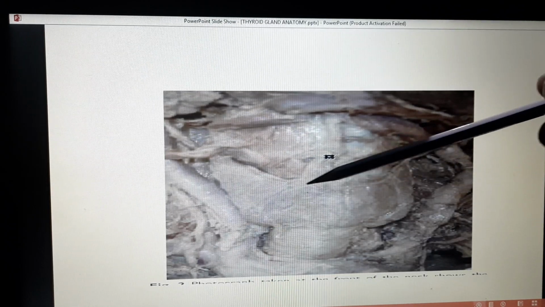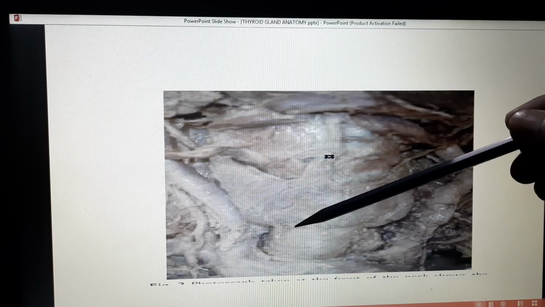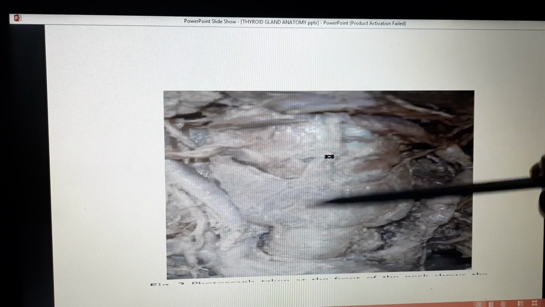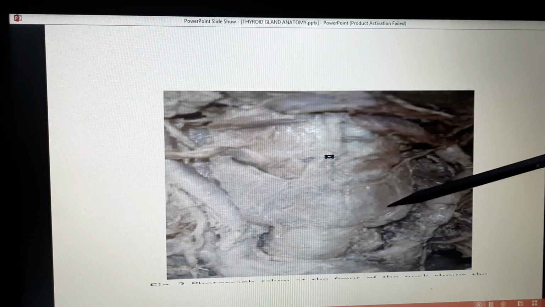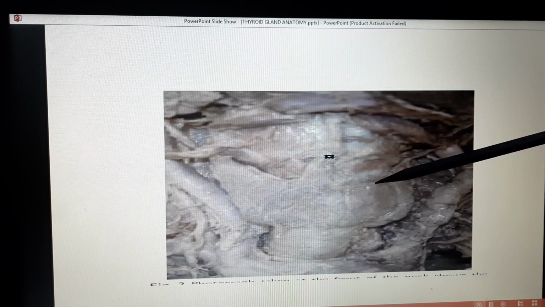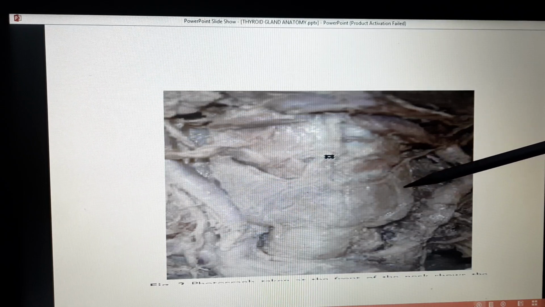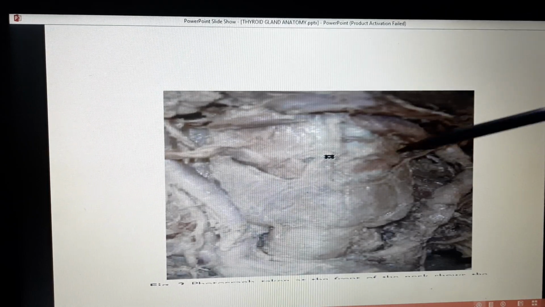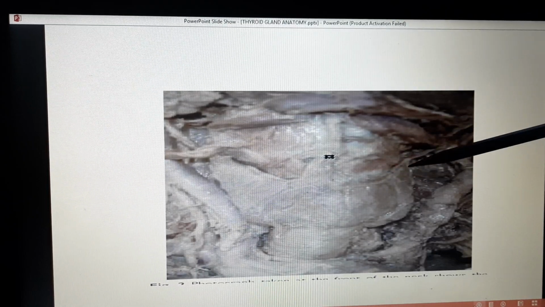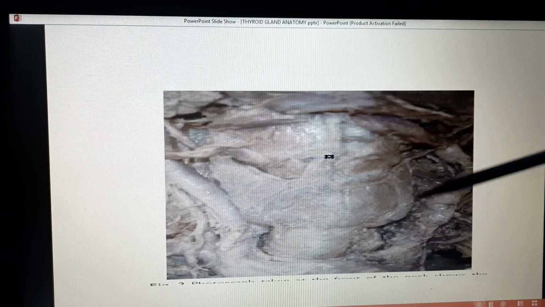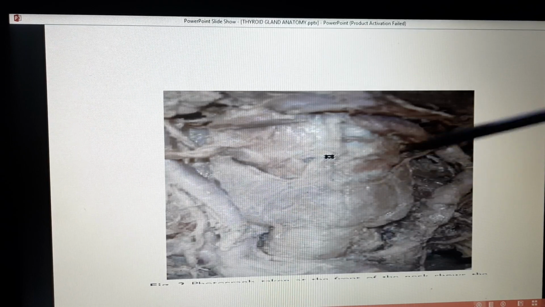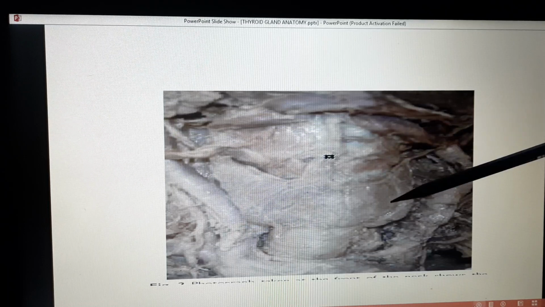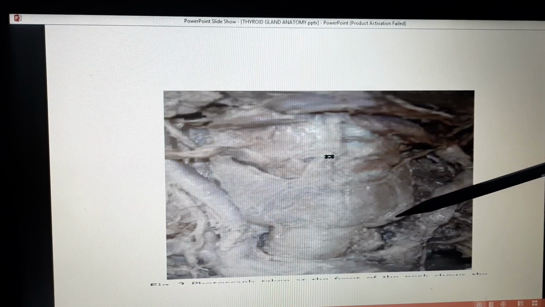The isthmus has a superior border, inferior border, anterior surface and posterior surface. The lateral lobe also has a medial surface and lateral surface. It has a base and apex also. There are two borders of the lateral lobe, anterior border and posterior border, and three surfaces: medial surface, lateral surface, and posterior surface.